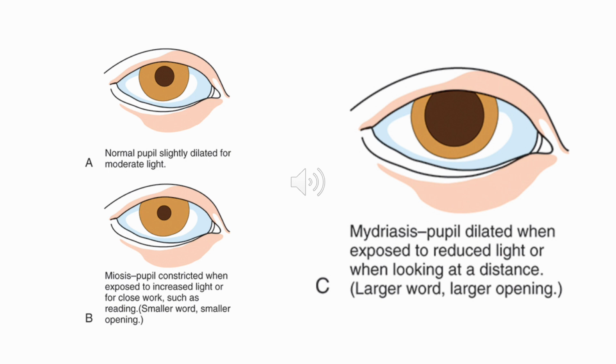The posterior segment of the eye contains the retina and the optic nerve. The retina is the lining of the back of the eye. It contains special cells, rods and cones, that are sensitive to light energy and turn it into electrical impulses.